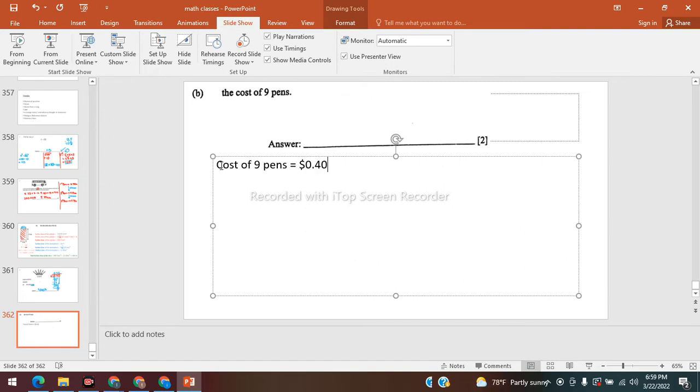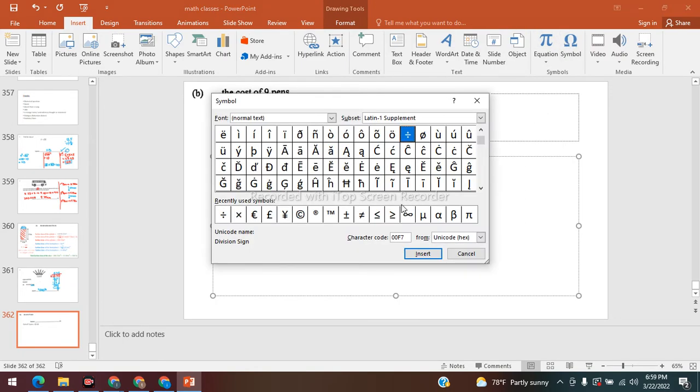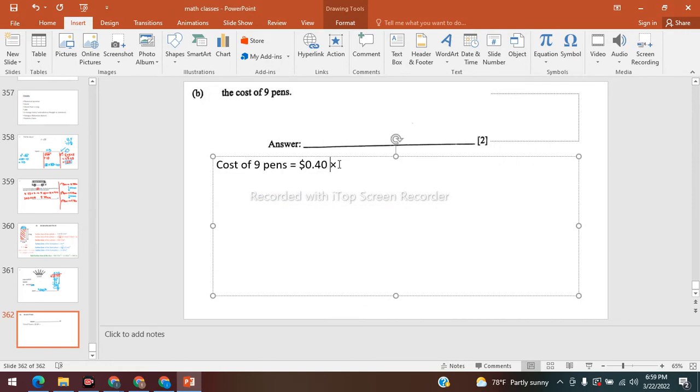0.4 times 9. $3.60. Okay. It's going to be $3.60. So what we do is multiply it.